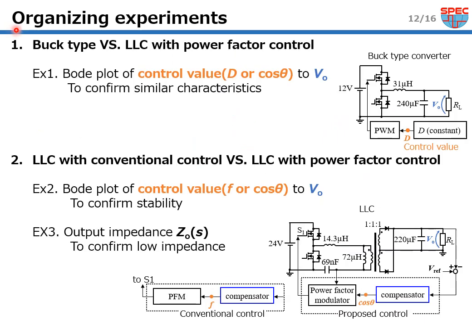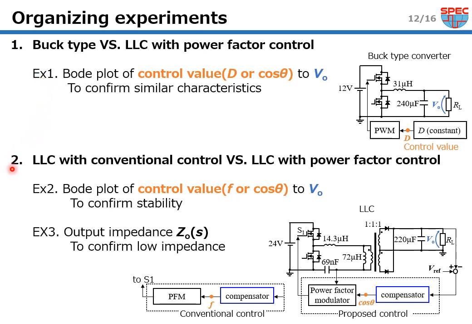Finally, here are the experiments to verify the effectiveness of the power factor control. Initially, I'm organizing the experiments. The first compares buck type and power factor control. The experiment evaluates a Bode plot of control value to VO to confirm similar characteristics.